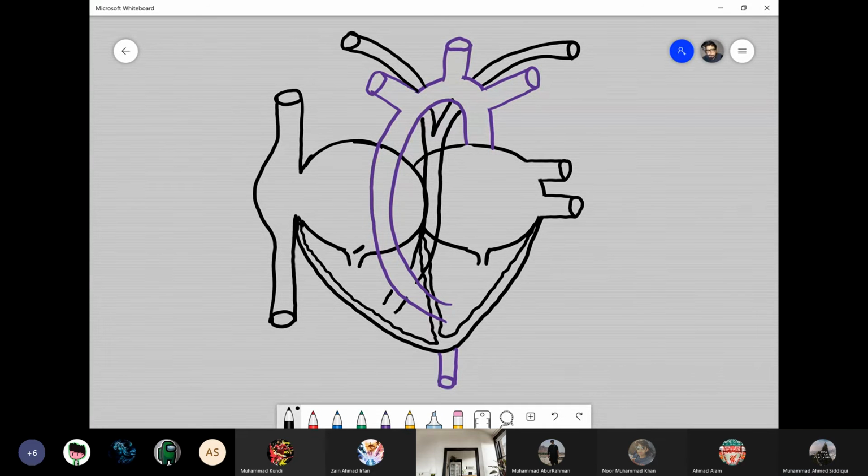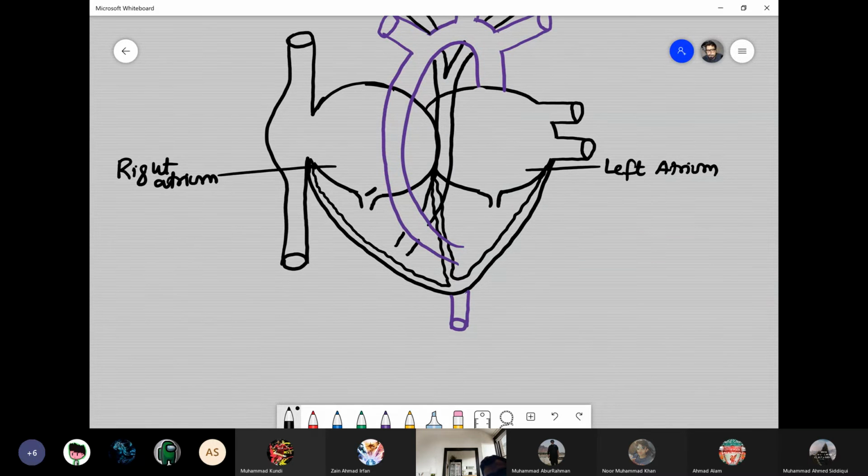Now boys, this is called the right atrium. And this one over here is the left atrium.